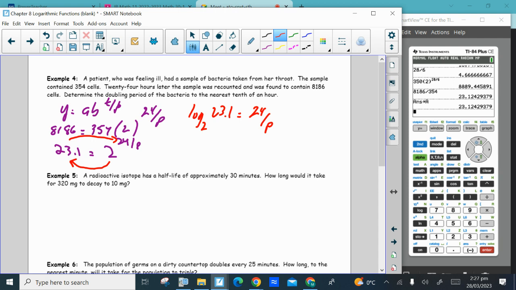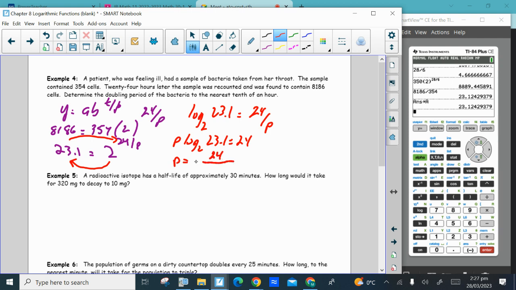Before I go to my calculator, let's get P by itself. First, by multiplying both sides by P. And then divide both sides by the log to get P by itself.